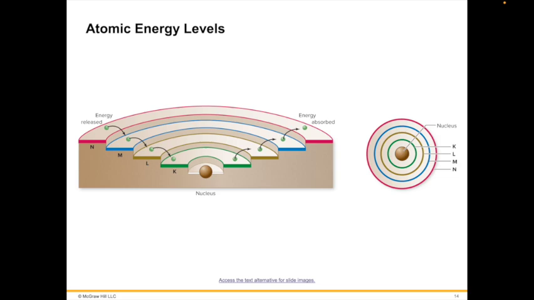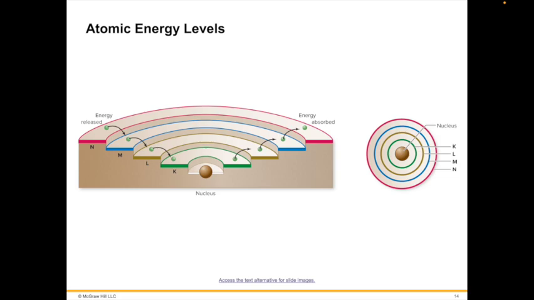Every atom exhibits a ladder of potential energy values, a discrete set of orbitals at particular energetic distances from the nucleus. Because the amount of energy an electron possesses is related to its distance from the nucleus, electrons that are the same distance from the nucleus have the same energy, even if they occupy different orbitals. Such electrons are said to occupy the same energy level, and the energy levels are denoted with letters K, L, M, and so on. And you can see that here in figure 2.6.